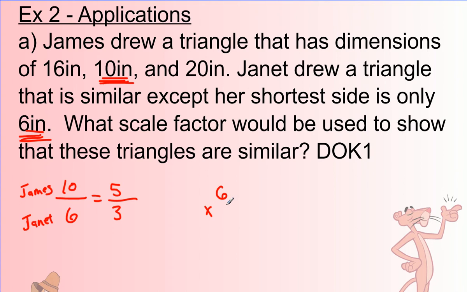So 6 times 5/3 would give me 10. If you take the other two sides of Janet's triangle and multiply by 5/3, you'd get the 16 and the 20. Because the shapes are similar, they all have a similar scale factor. So a scale factor is nothing more than a ratio comparing the two figures.